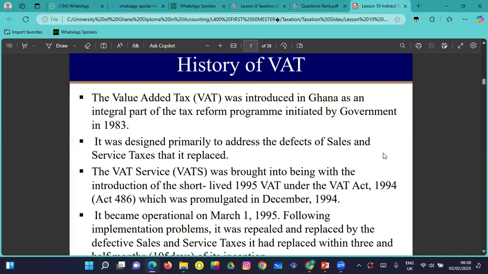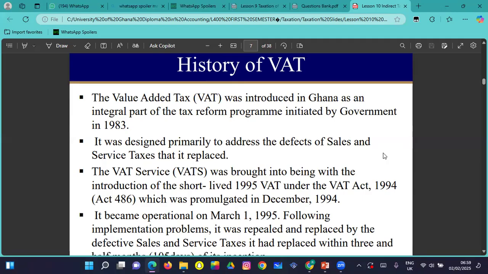This is just a brief history. You can go on the net and look for more history about VAT in Ghana. Value added tax, which is VAT, was introduced in Ghana as an integral part of the tax reform program initiated by the government in 1983.